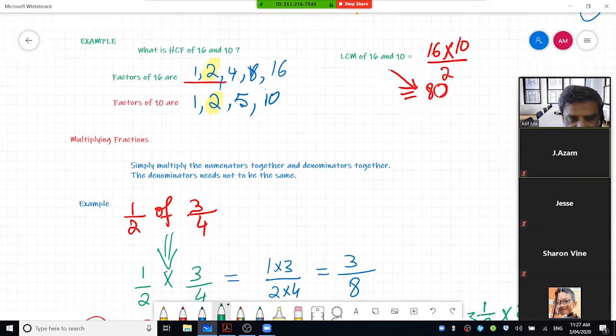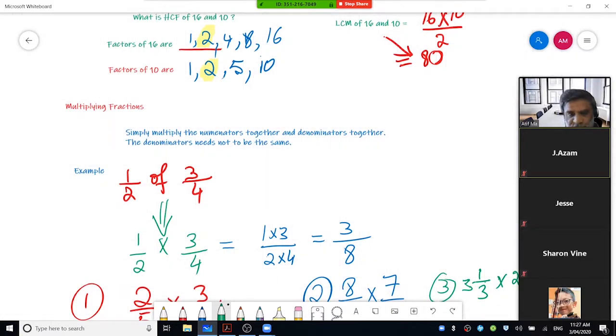Let me give you an example. If you have 3 over 4 times 2 over 7, you would just multiply the numbers in the numerator together and the numbers in the denominator.